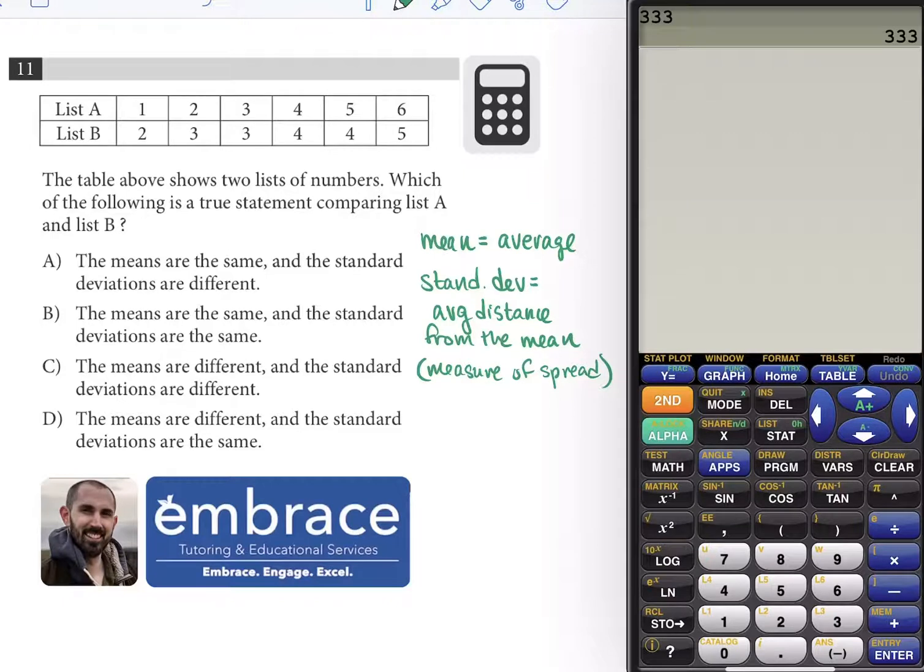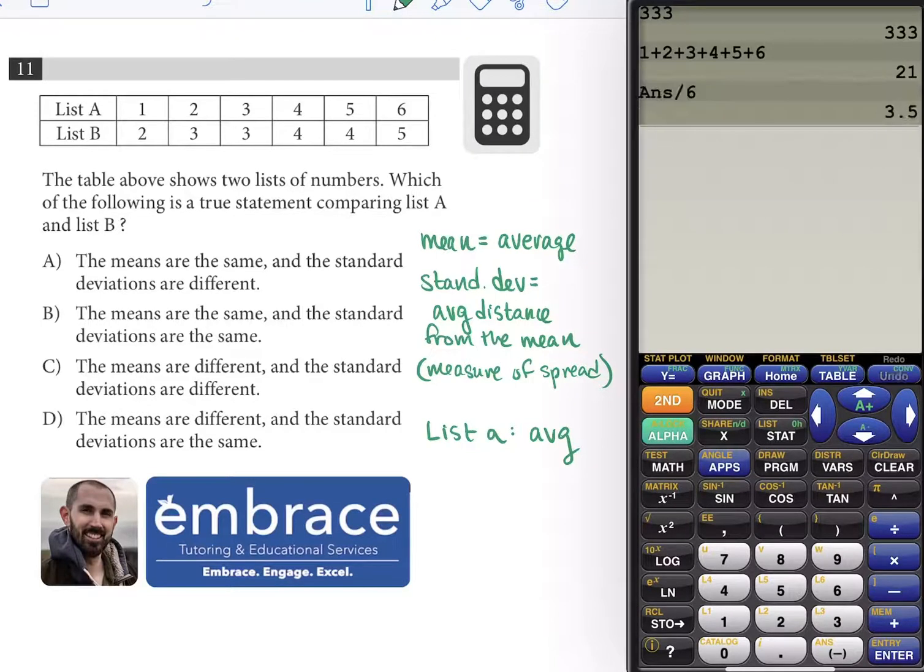Okay, so I'm going to quickly find the arithmetic mean, or the average, of list A. 1 plus 2 plus 3 plus 4 plus 5 plus 6 divided by 6 is 3.5.